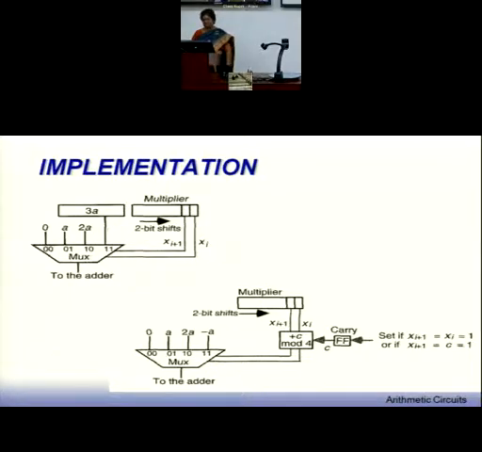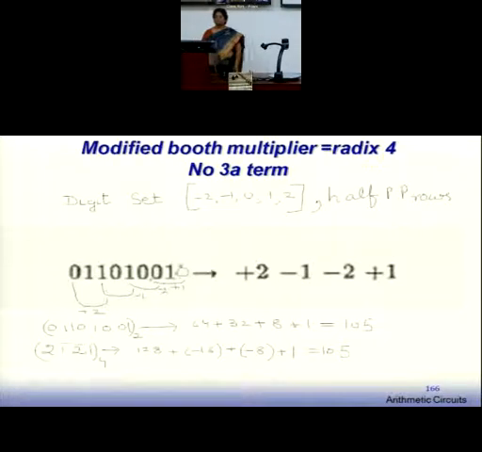Okay. So now we will move on to modified radix 4. I say I want to remove my 3a, so I am changing my digit set. Instead of choosing from 0, 1, 2, 3, I am bringing in redundancy.